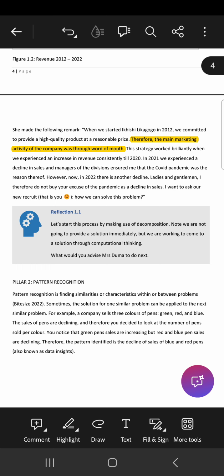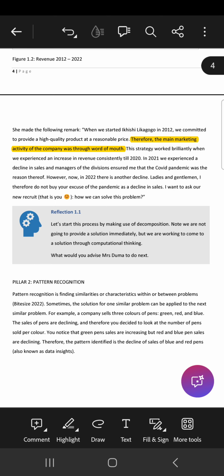I think there were about 3 of them before this one, where we went through the topic of computational thinking, discussed what it is in plain and simple terms, terms that are easy to understand. And we started with the pillars of computational thinking. The first pillar that we are looking at is decomposition.